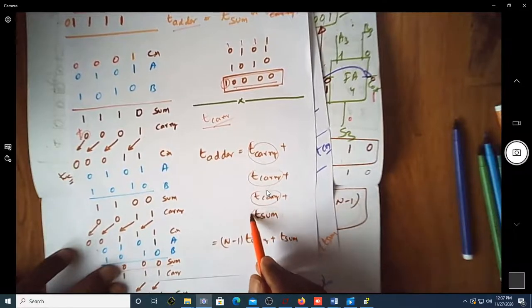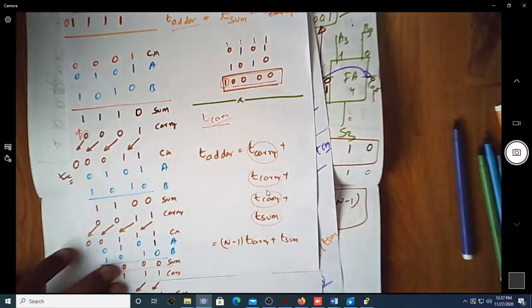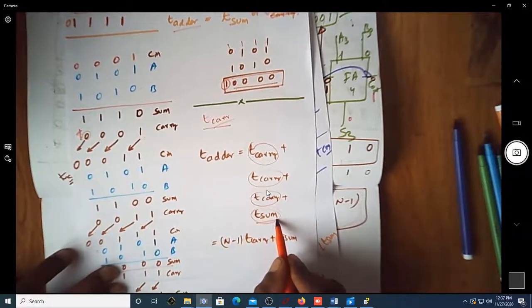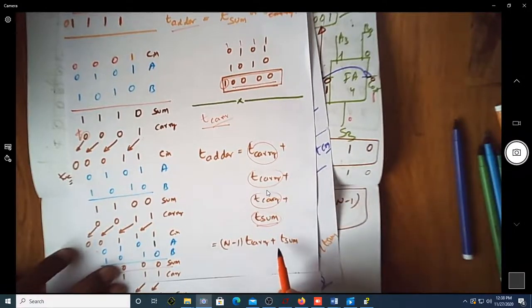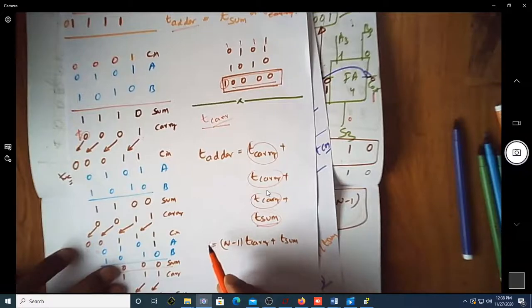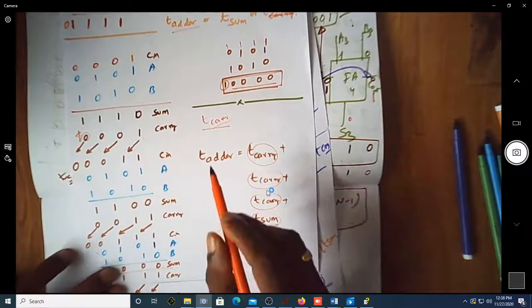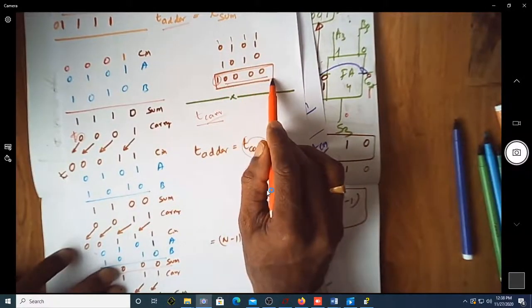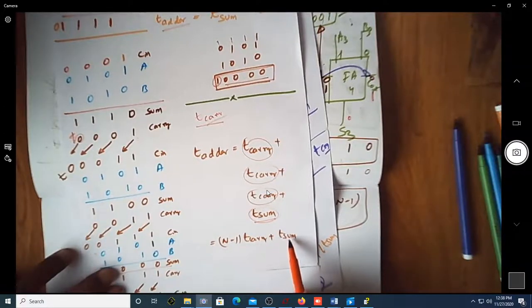Consider that sum time as t sum; when it is generating the sum value, you will get the carry also simultaneously. So, the total time required for the 4-bit adder to give the final output of carry out as 1 and all sum bits as 0 0 0 0 will be n-1 times t carry plus t sum.